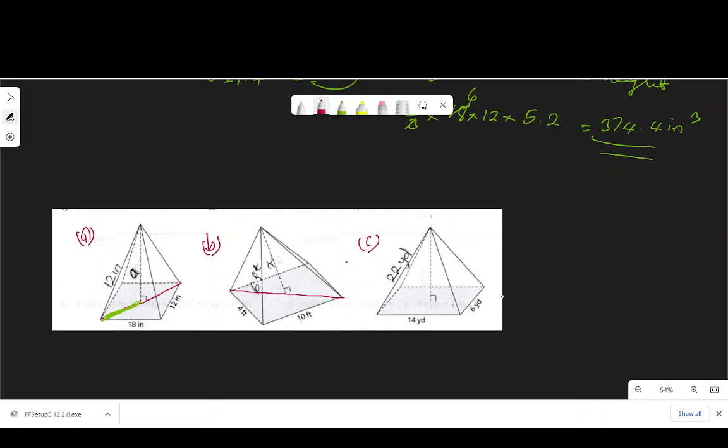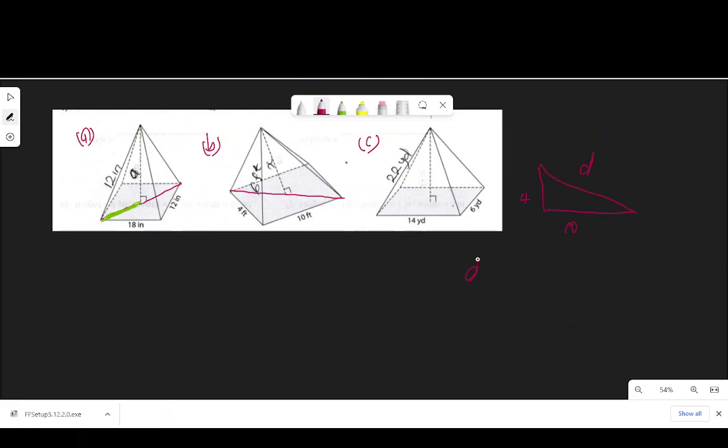So the diagonal, let me try and reproduce this triangle there. I have this as 4 feet right there. And this one, which is this length here, 10 feet. This line here is the diagonal that I want to calculate. Let's call it D. So D square, applying Pythagoras, D square is equal to 4 square plus 10 square, which is 16 plus 100.